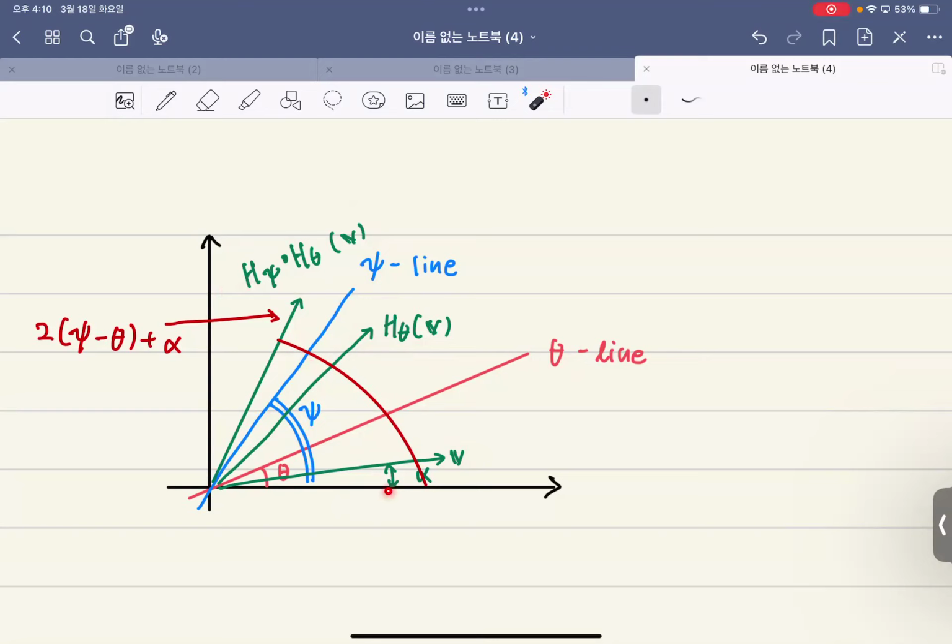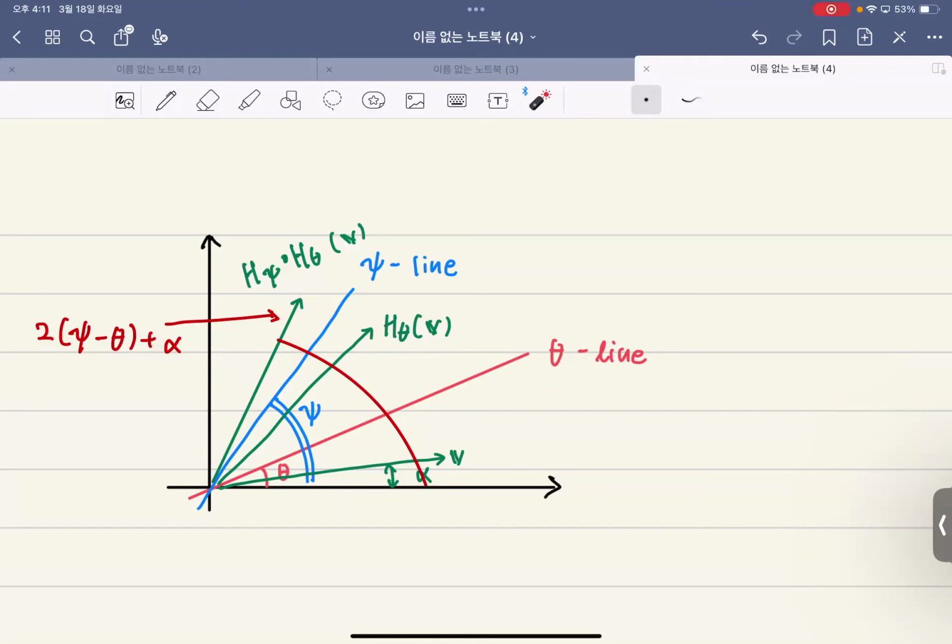Now, for simplicity, let me assume that the angle between the positive x-axis and this vector is alpha. Then by keeping track of these angles, you can easily be convinced that this final vector has an angle measured from the positive x-axis of precisely 2 times (psi minus theta) plus alpha.